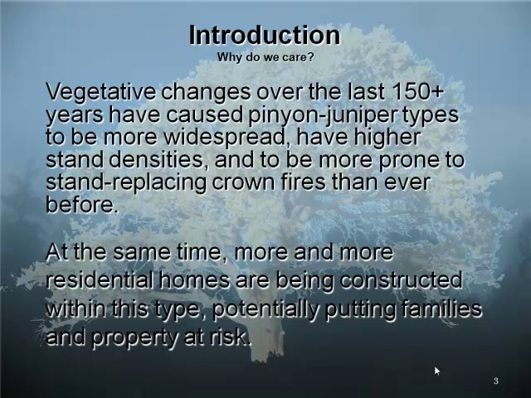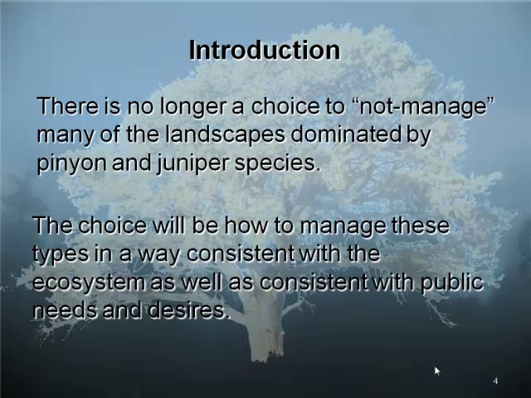At the same time, we've got more and more people out west, and they're building homes in more and more fire-prone areas and putting themselves at risk and costing agencies and all the taxpayers money for fire suppression. So that's some of the reasons for why we're doing things. So really, we don't have a choice not to manage anymore. We need to manage these systems, and the choice will be how we're going to manage the systems.